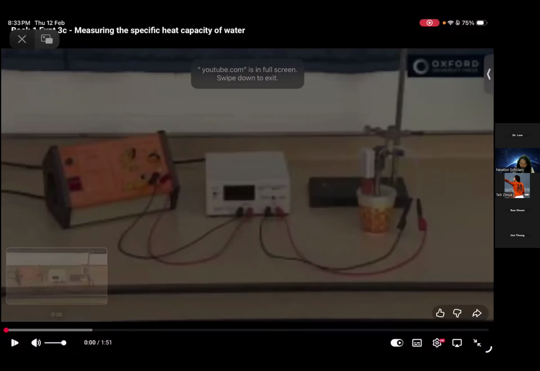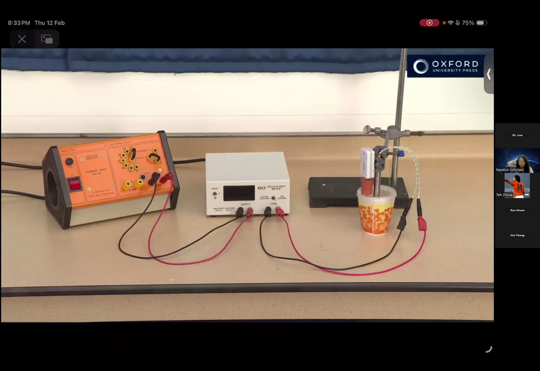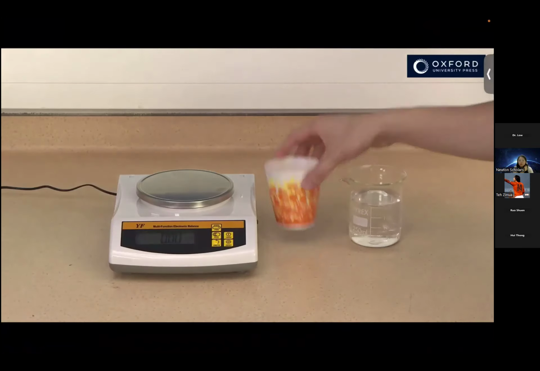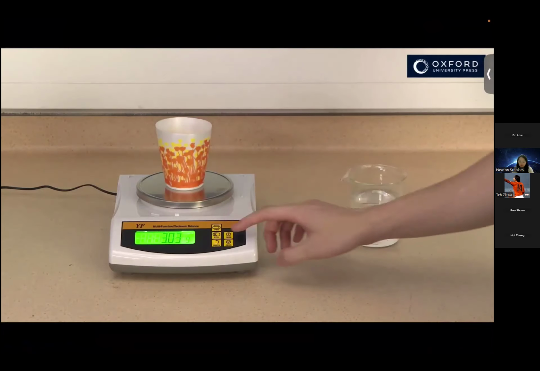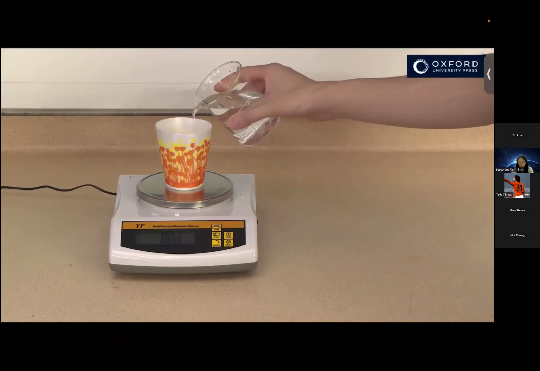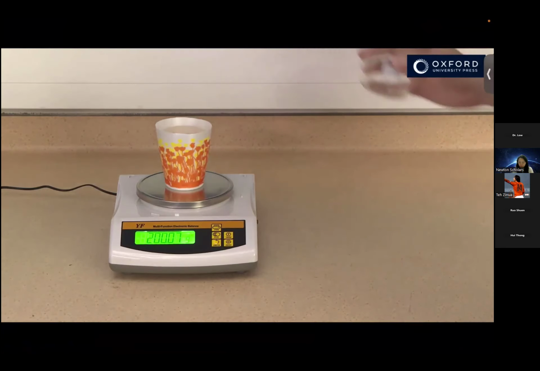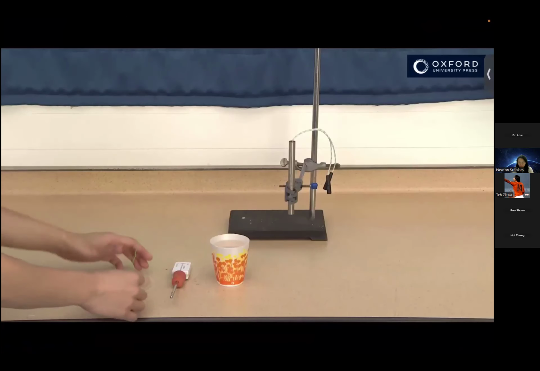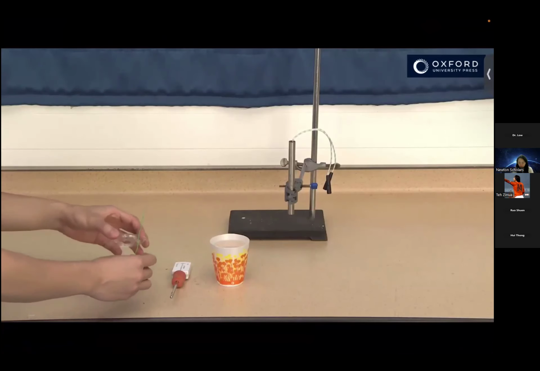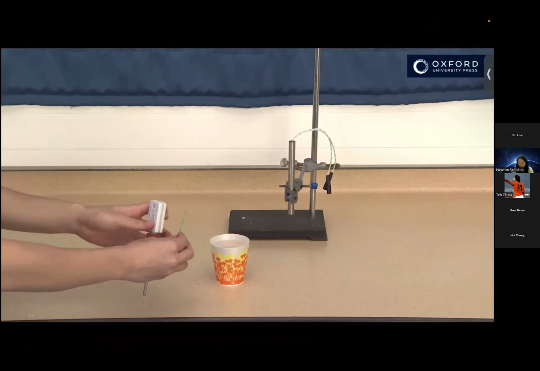This experiment aims to measure the specific heat capacity of water. Measure about 0.2 kilograms of tap water using a polystyrene cup and an electronic balance. Insert a stirrer, a temperature sensor, and an immersion heater through the holes in a lid and into the cup of water.